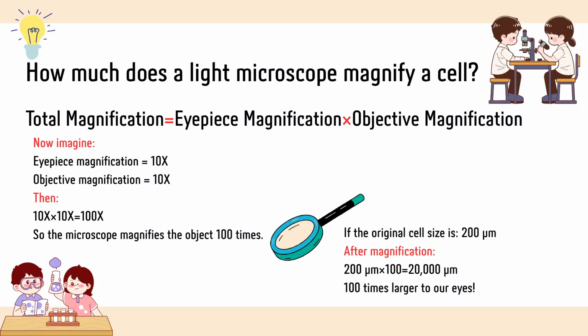So the total magnification of the microscope is 100 times. This means the onion peel cell appears 100 times larger than its actual size when viewed through the microscope. The lab activity is not only interesting but informative.